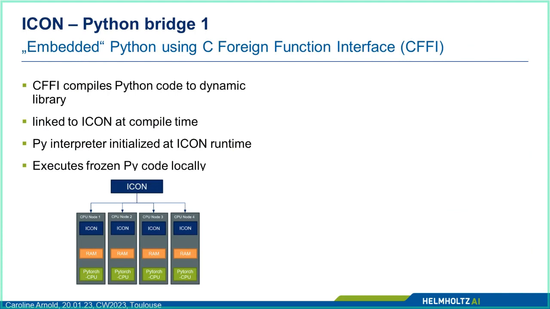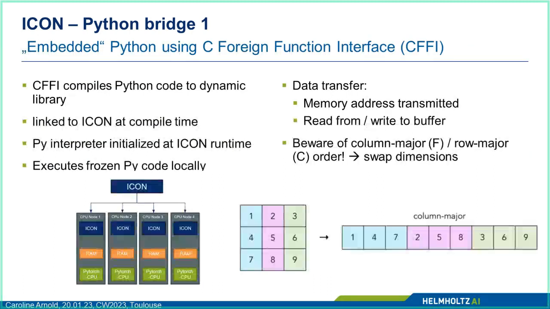So this is how we visualize this. You have the ICON-ESM running on potentially many different nodes. And then co-located with that, this Python code is executed. So by this, the data transfer is actually efficient because you transmit only a memory address. And then on the Python side, you can read from the buffer directly and write to the buffer directly.